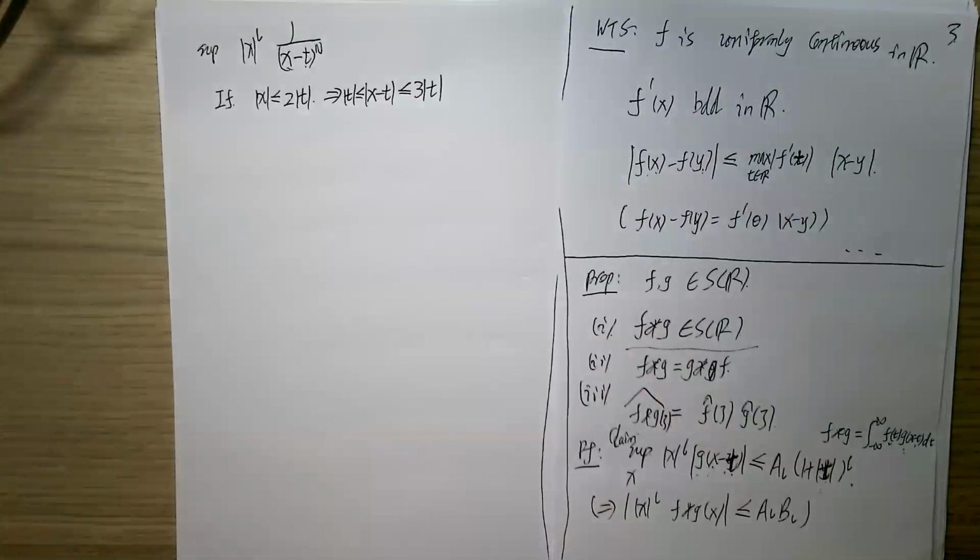Okay? So which means your x minus t can be controlled by t. This is the so-called, we can say that x minus t can be controlled by t. Okay?